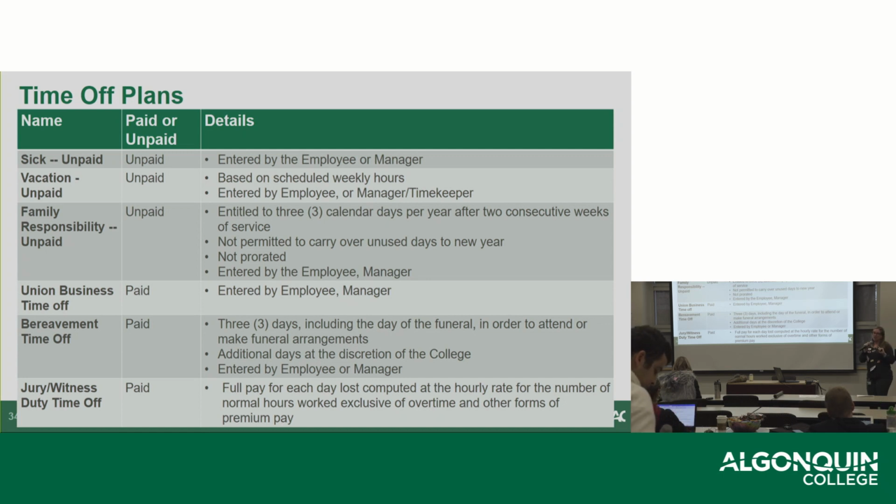And also, if the employee wants to try to take more than the maximum, they'll get an error message. So Workday will only allow what is allowed for that particular employee, and it will take into account any previously taken leaves. Within the spreadsheet, too, it will also tell you if it's paid or unpaid.